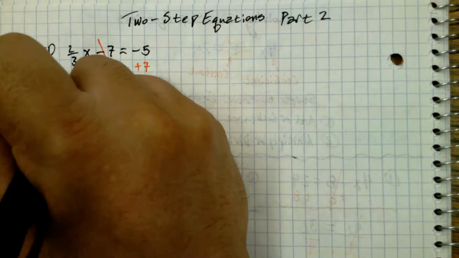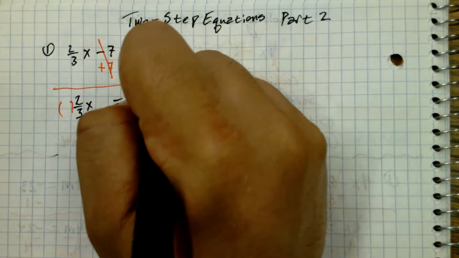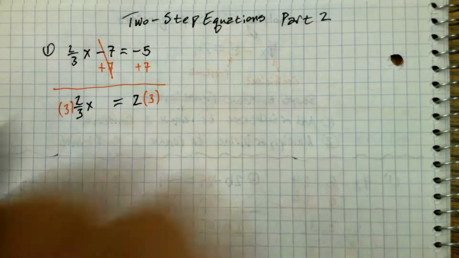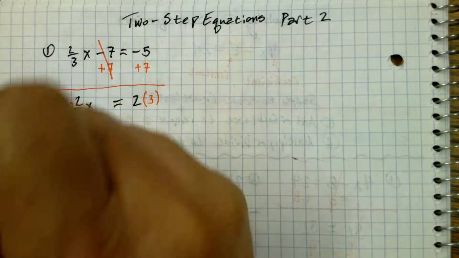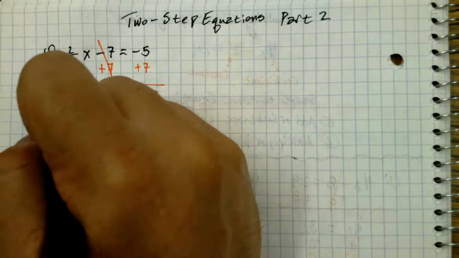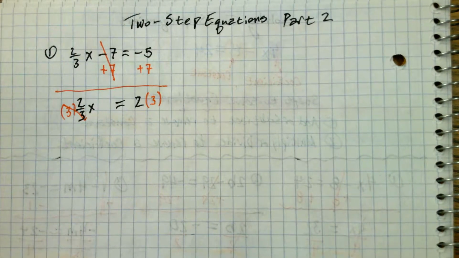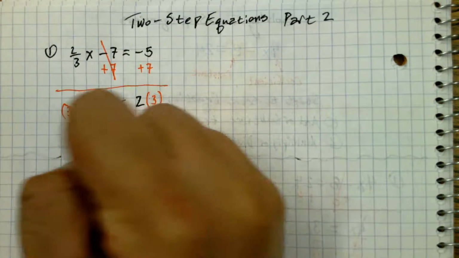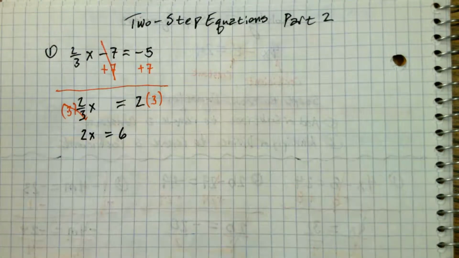And the number I want to multiply by is whatever the denominator number is. In this case, 3. So the reason I want that is this 3 and the 3 in the denominator cancel. And now I just have 2 times x equals 2 times 3, which is 6.